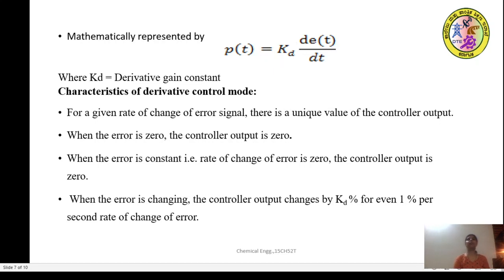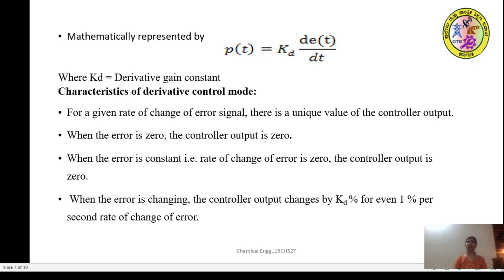Here in the derivative mode of control action we have Kd. That is, P of t, the output value of the control variable, is directly proportional to dE of t divided by dt, with the proportionality constant replaced by the derivative gain constant, denoted as Kd.